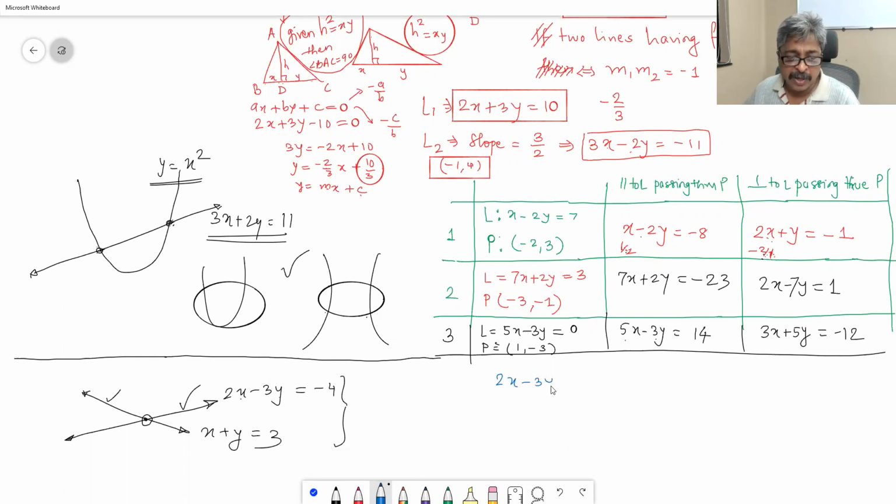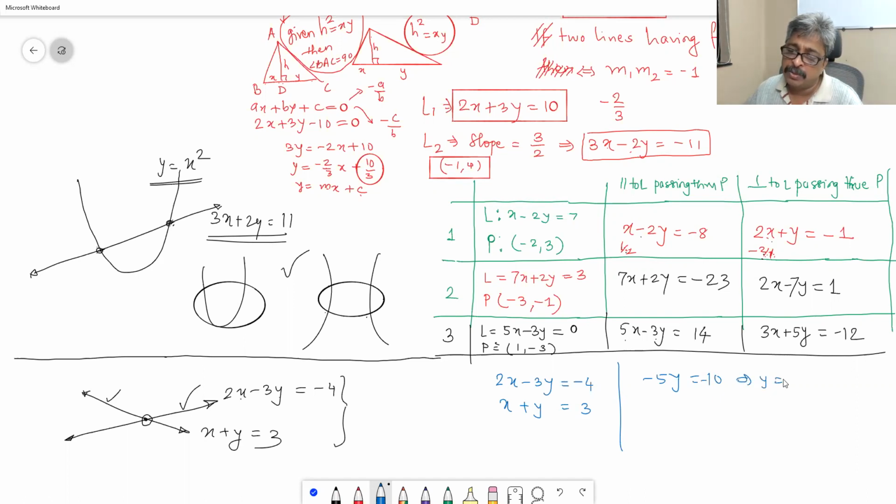2x minus 3y is equal to minus 4 and x plus y is equal to 3 are to be solved simultaneously, and there is more than one method. Maybe you multiply the second equation by 2 and subtract from the first. So minus 5y is equal to minus 6 minus 10.